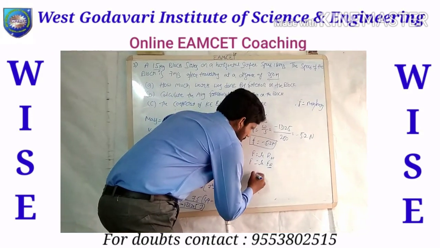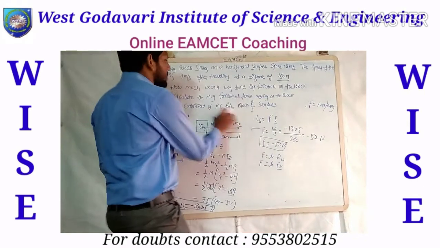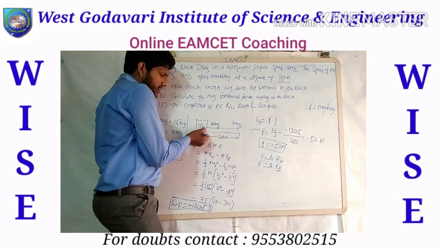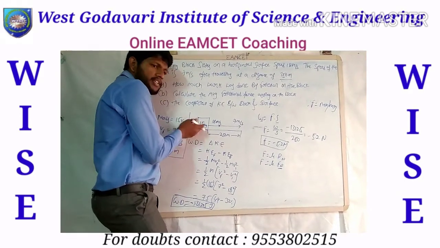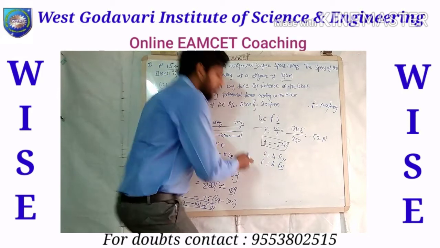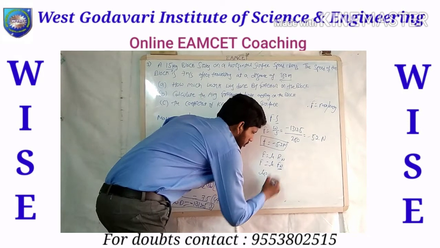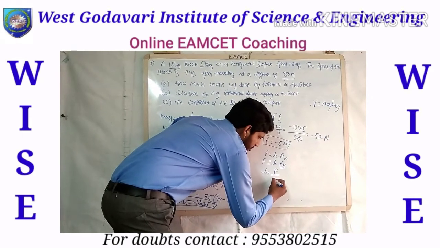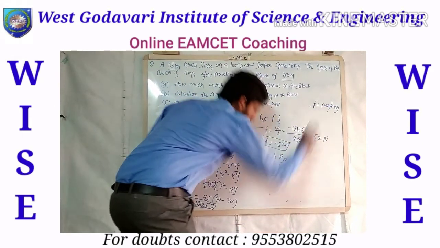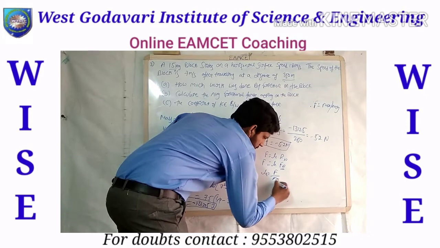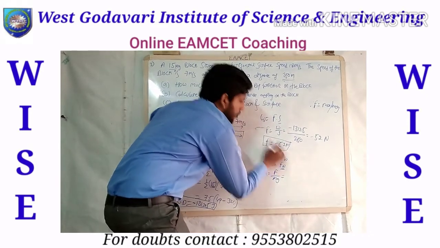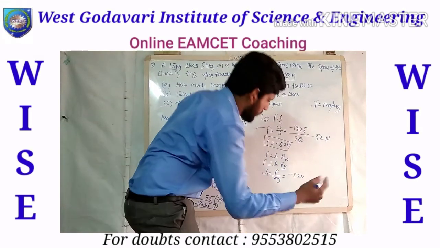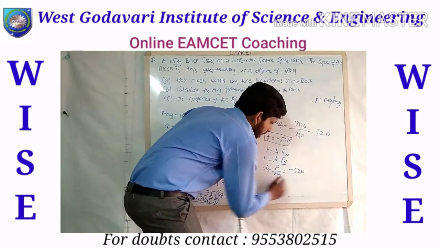So we need to find out the coefficient of friction between the block and the surface. Here the block is there and the surface is there, and in between, the coefficient is simply known as friction. So if you want to find the friction, mu equal to F by the normal force, that means here mg. What is the value of force? Minus 5.2 newtons, negative force. Next, what is the value of m?